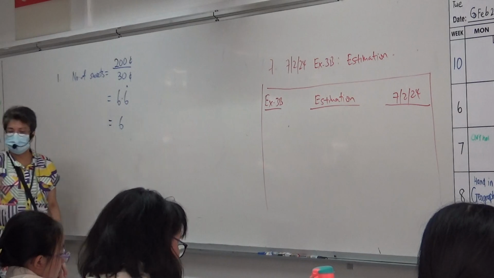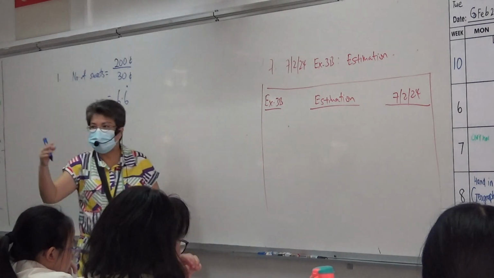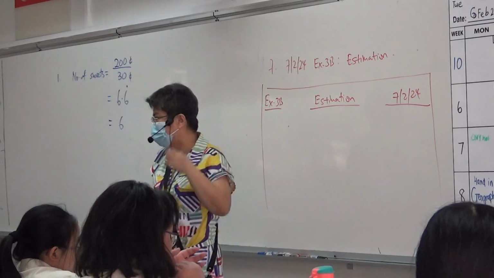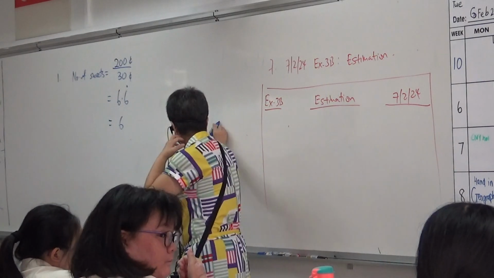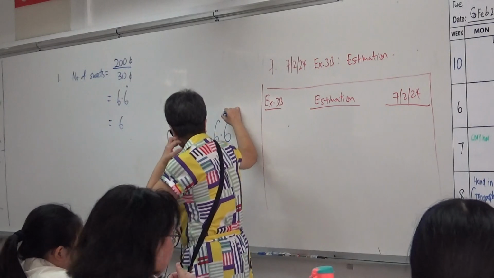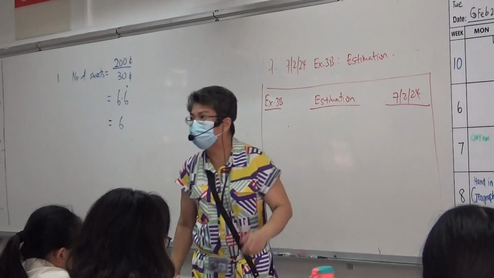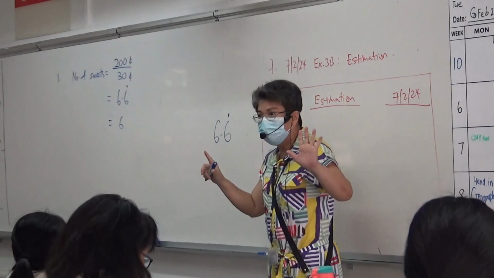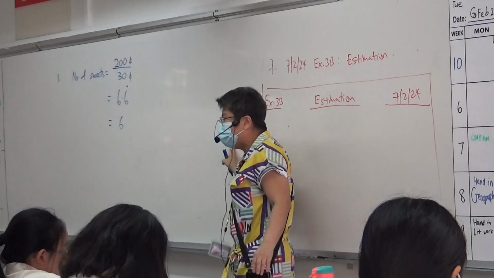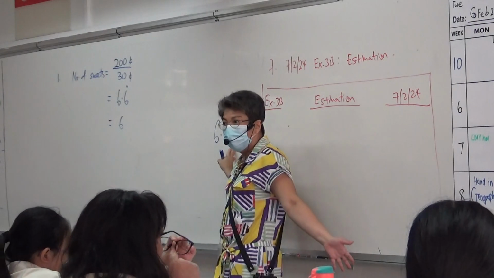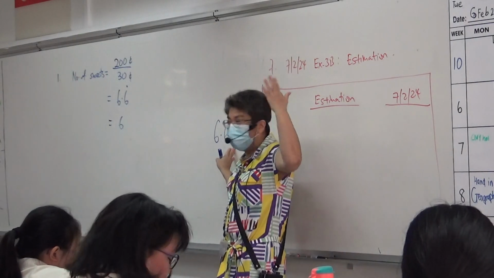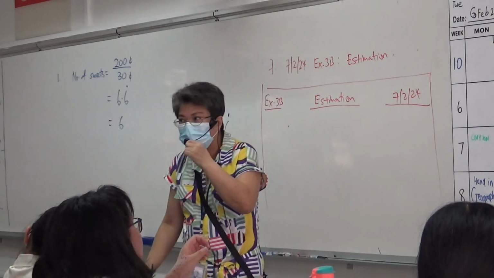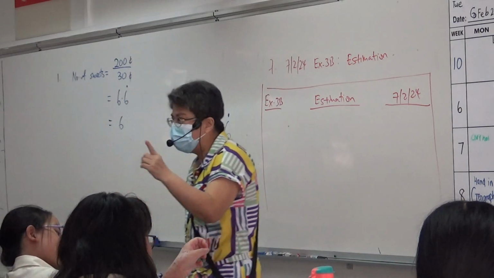Okay, then I want to ask one question. If I say the number of buses bringing students to the destination, the number of buses is also 6.6 recurring. How many buses must it have? 7. Can you see? This one must be 7 because 6 is not enough. So you see, the context of the question is very important.